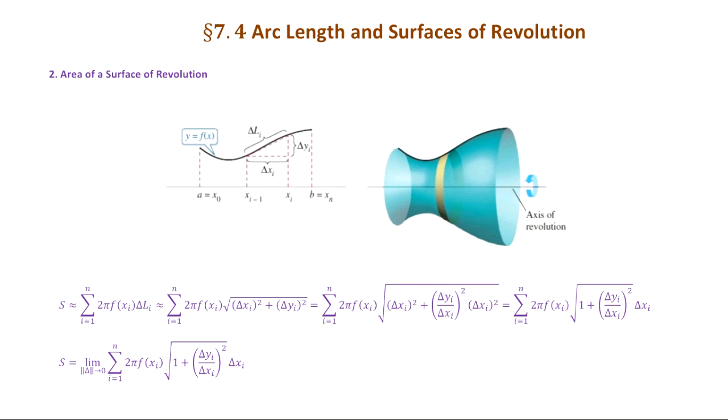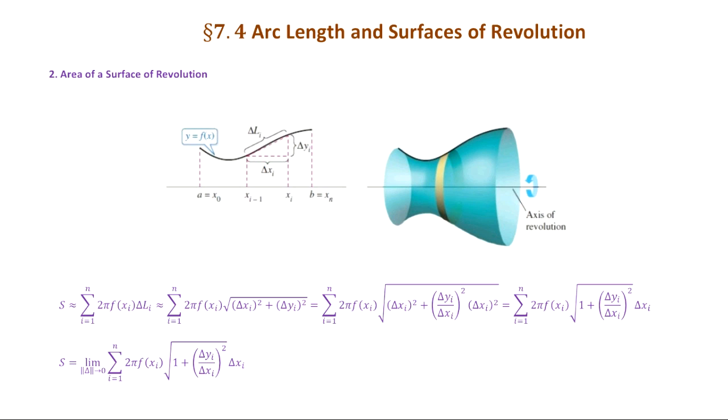So again, you just cut the curve into many pieces as before, and then approximate each piece of curve by line segment shown in the graph. We call it delta Li. Okay, and then we can easily find the surface area of that piece of line segment.